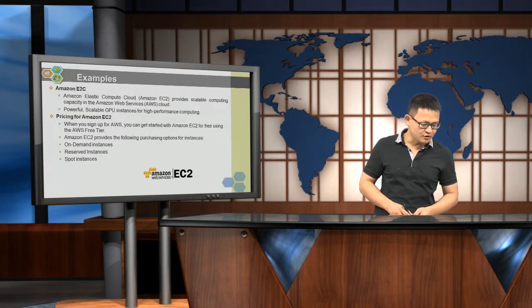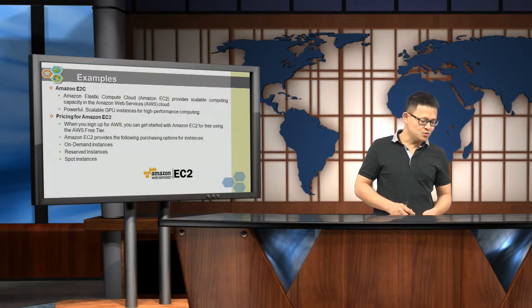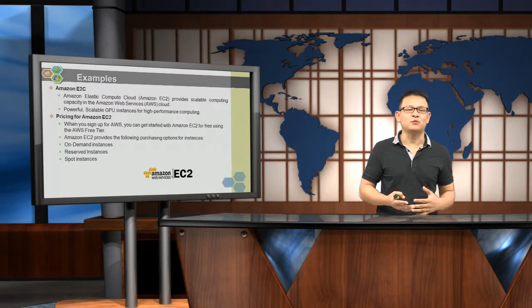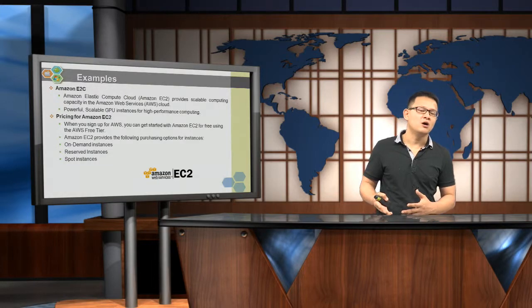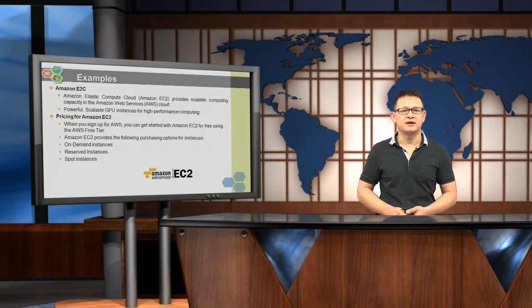When you sign up for AWS, you can get started with Amazon EC2 for free using the AWS free tier. So you can start with something small, with some small application, at a free or very low price, to get familiar with this infrastructure.